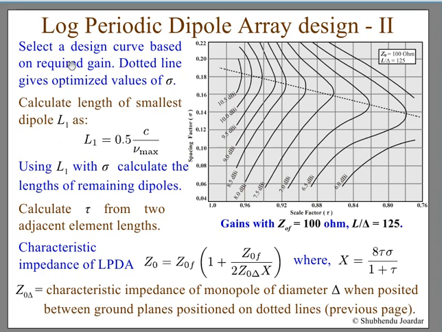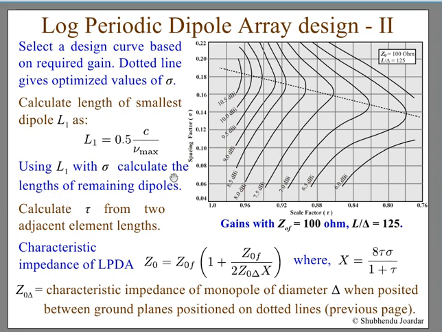Now the steps involved are: select the design curve based on the required gain. The dotted line gives optimum values of sigma. Calculate the length of the smallest dipole L1, that is from the highest frequency. So L1 is equal to 0.5 C divided by nu max, where nu max is the highest frequency and C is the speed of light.